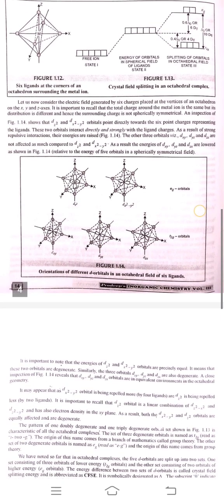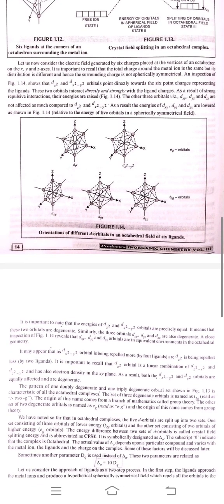Let's now consider the electric field generated by 6 charges placed at the vertices of an octahedron on the x, y and z axes. It's important to recall that the total charge around the central metal ion is the same, but its distribution is different, and hence the surrounding charge is not spherically symmetrical.